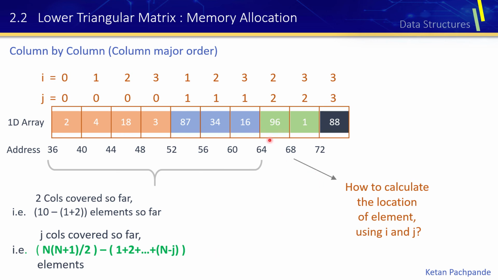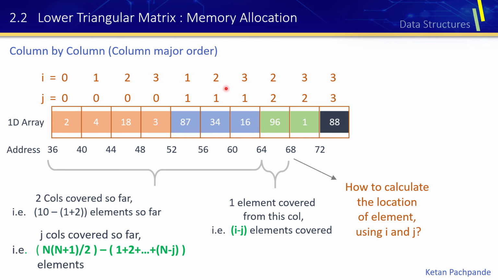Now what about an element in this particular column? If you observe, for 3, 2, one element has been covered before that. So I can say i minus j. 3 minus 2, that is, one element is covered so far. Let us take another example. For example, if I say i value is 3 and j is 0, then 3 minus 0 will be 3 elements covered so far, and after that this particular element is stored.